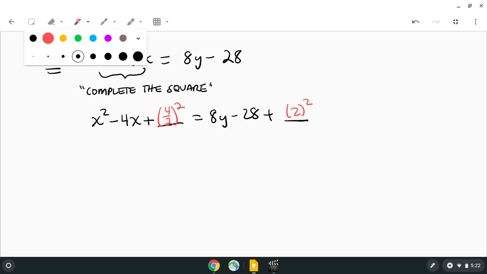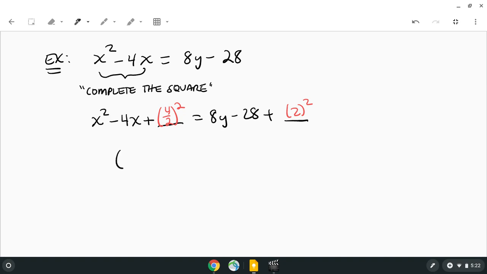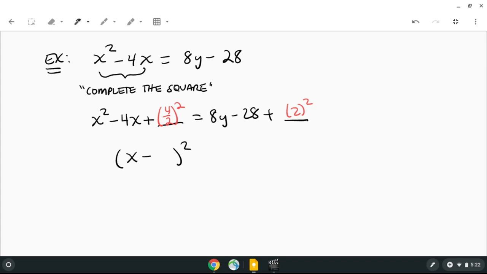All right, and that actually becomes x minus 2, because 4 divided by 2 is 2. Okay, so this automatically becomes this squared. X minus, if this were plus, this would be plus.